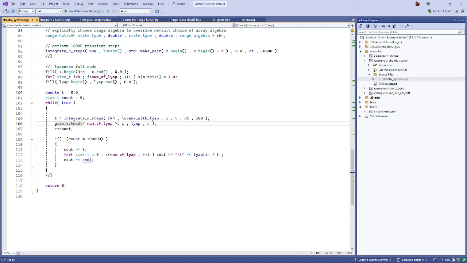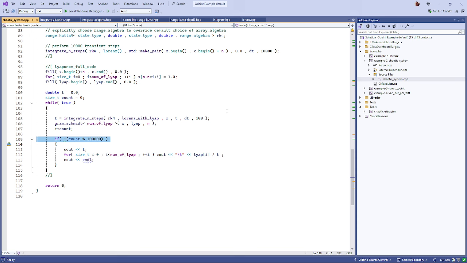So the idea here is that they're going to do a bunch of integration steps to get rid of any transient response at the beginning of the orbit. Then they're going to do 100 integration steps, and they're going to compute a Lyapunov exponent for the system.